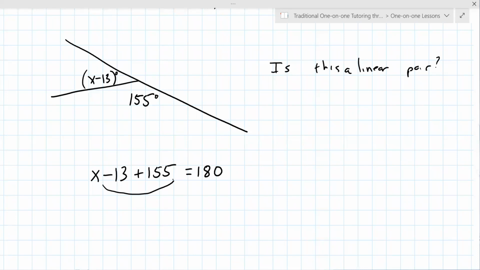So let me figure out the x. But I'm suggesting you add the minus 13 and the 155 together first. Minus 13 plus 155. Yes.